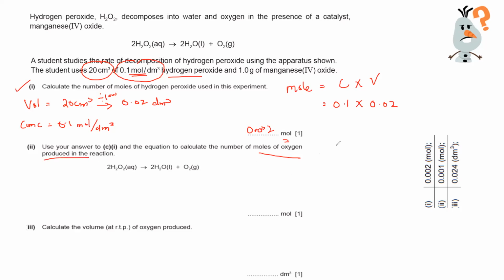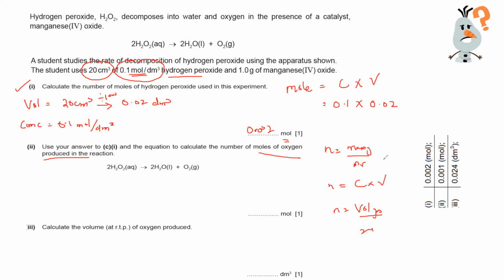To get the moles of oxygen, as we know, there are three formulas: moles equal mass in gram divided by molar mass, moles equal concentration into volume, or moles equal volume of the gas divided by 24. But in the question, nothing is given related to oxygen.